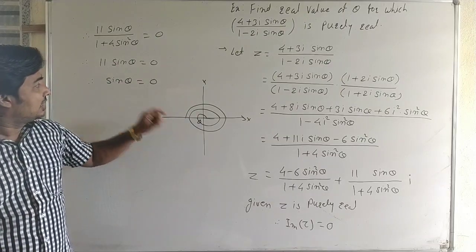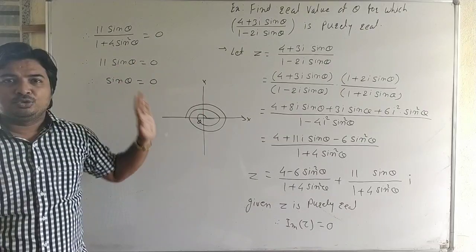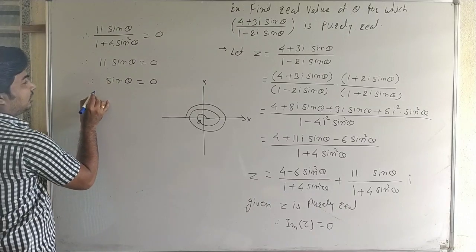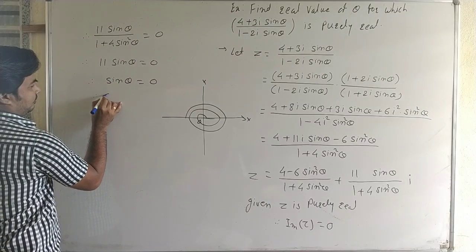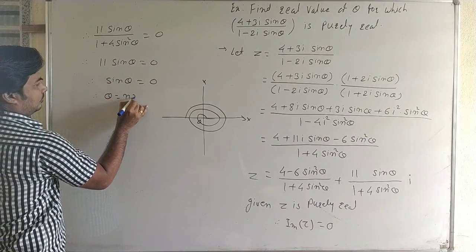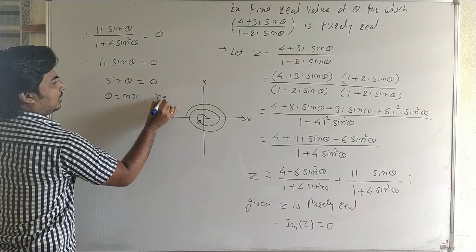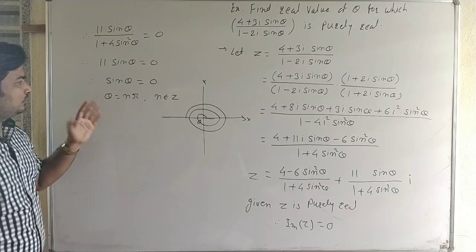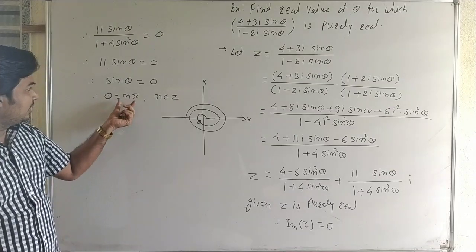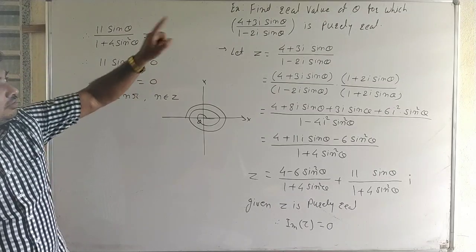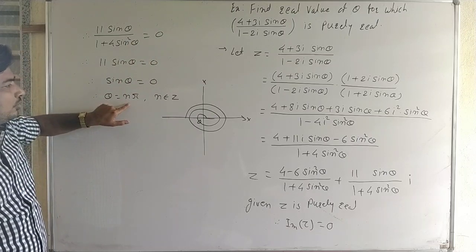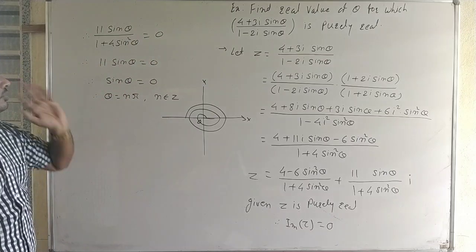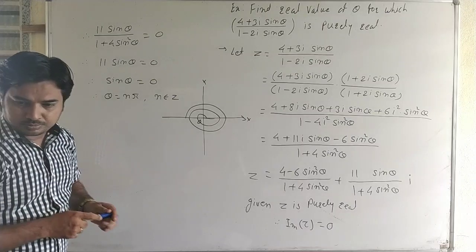Here sin n pi is equal to 0. Therefore theta is equal to n pi, where n is an integer, positive, negative or 0. Theta is equal to n pi, and it is the real value of theta. See carefully. Now next example.